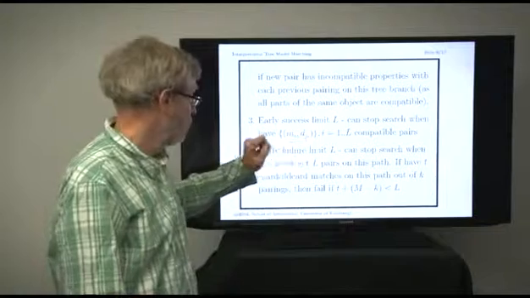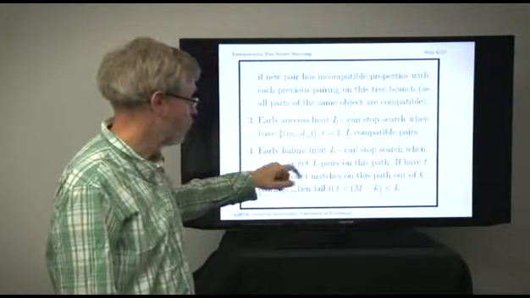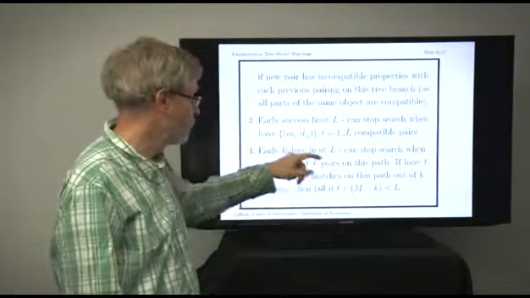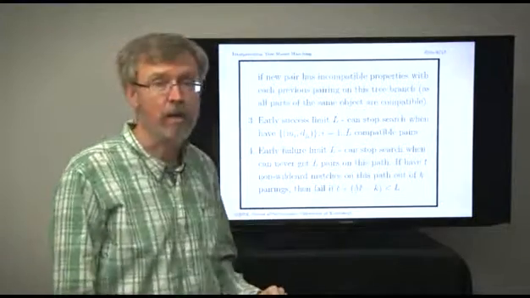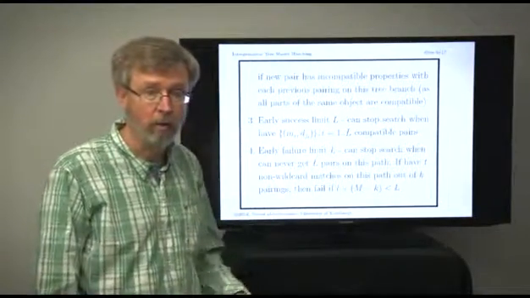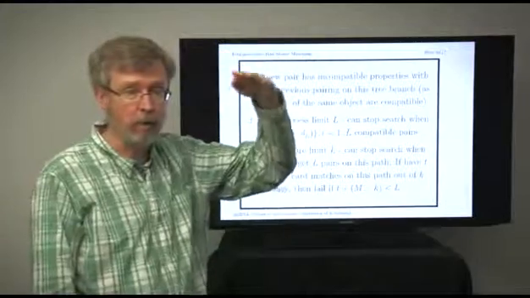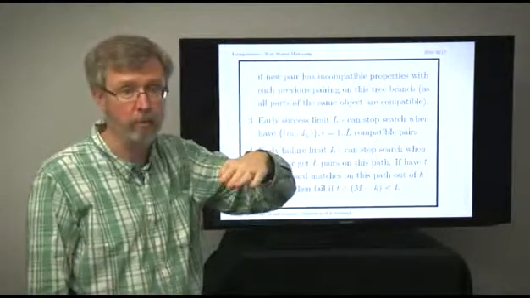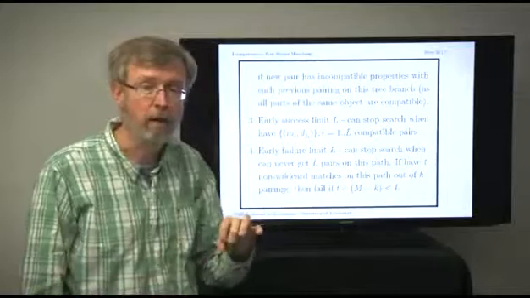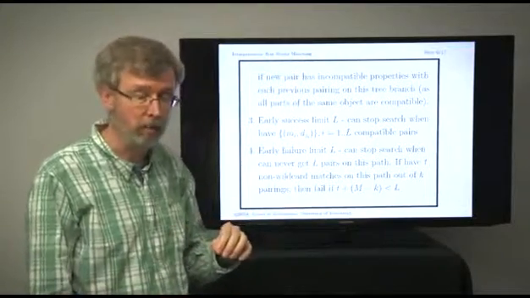The final constraint that we can use to help prune this is what's called the early failure limit. And this is also related to the early success limit. It's the same parameter right there. As you're going down the search tree, you can keep track of how many real pairings have been made, how many pairings that you've made that haven't used the wild card.